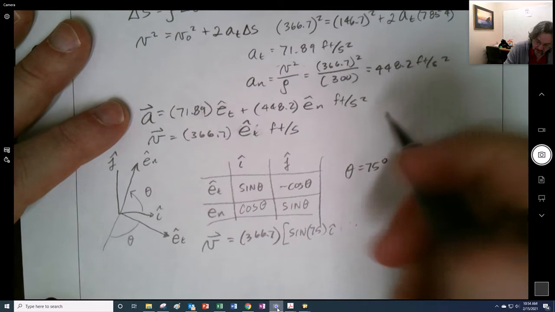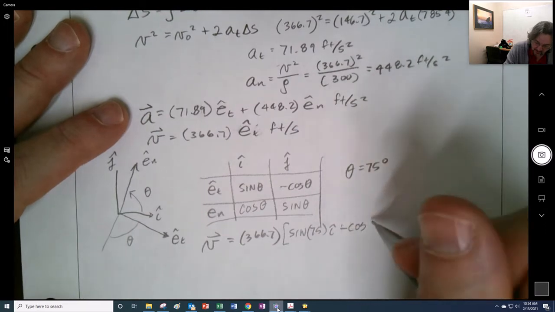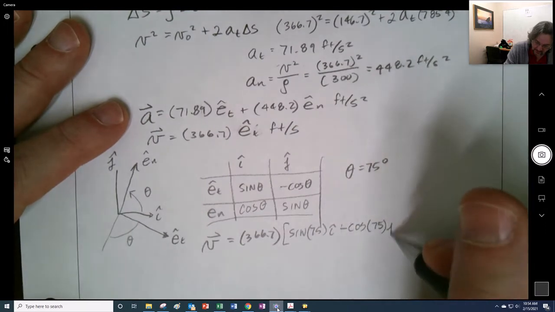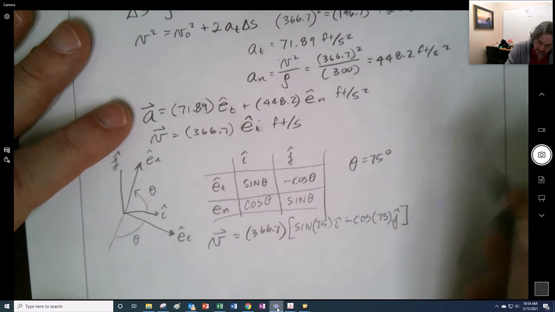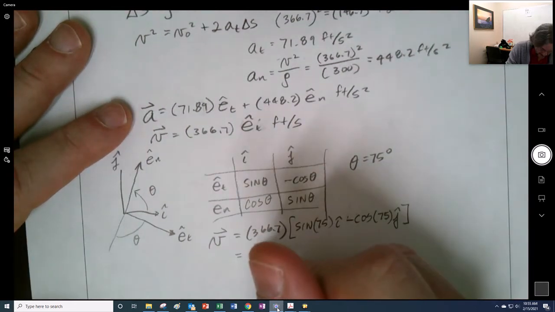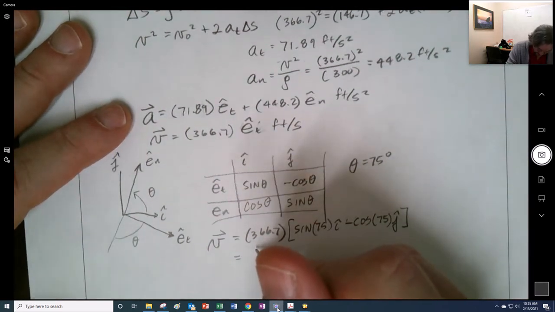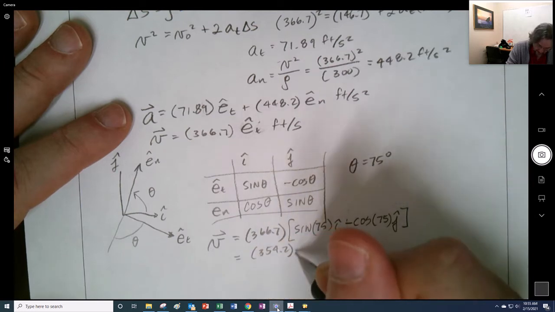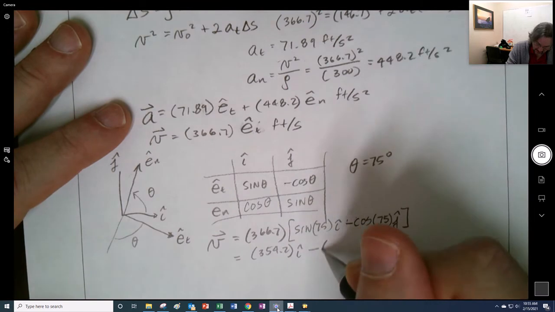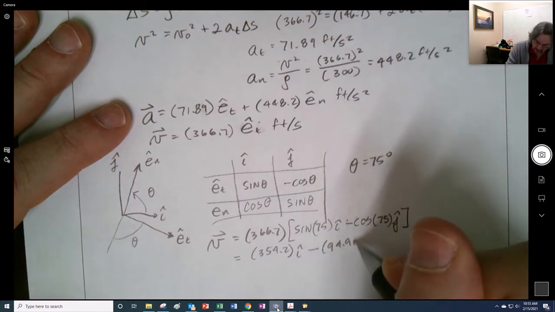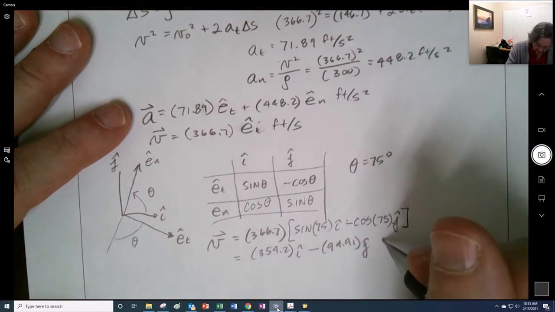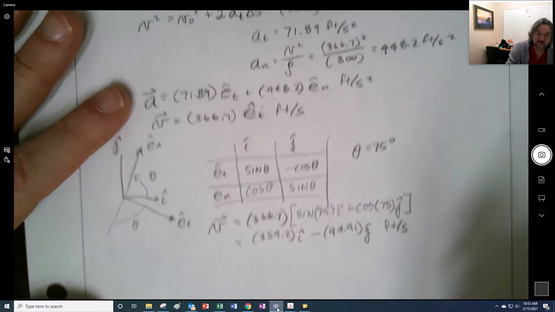I can put it either way I want. Minus the cosine 75 j right there. And what we end up with is 354.2 i minus 94.91 j, and that's feet per second.